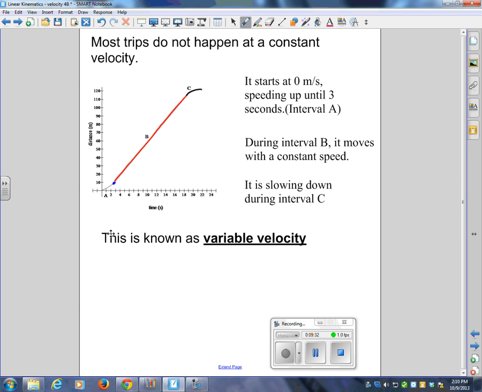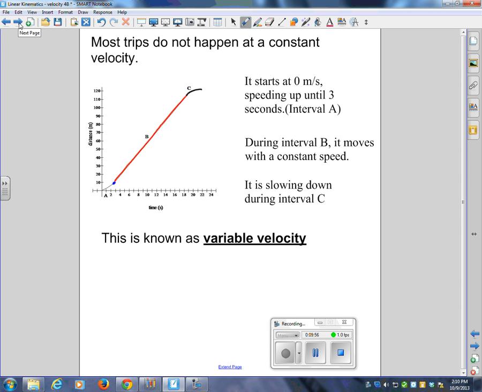What does the word variable mean? Changing. Variable means changing. This is variable velocity. It changes. Now, is the average speed going to be the same as individual speeds? No, because the speed is changing, the velocity is changing. It's variable. Exactly.